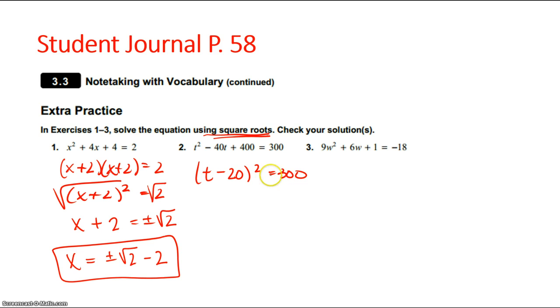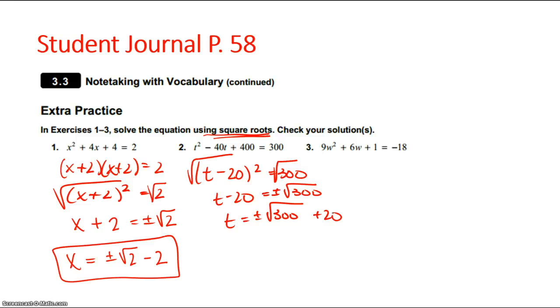So, now I can remove the squared, square root both sides, and I get t minus 20 equals plus or minus root 300, and add my 20 over, and I get plus or minus root 300 plus 20. And then I ask you, do you think we can leave it that way?